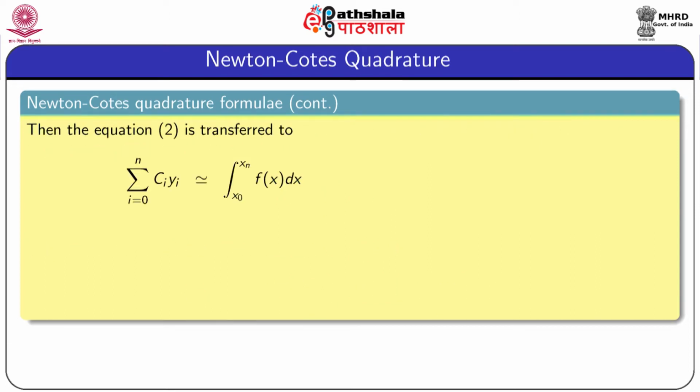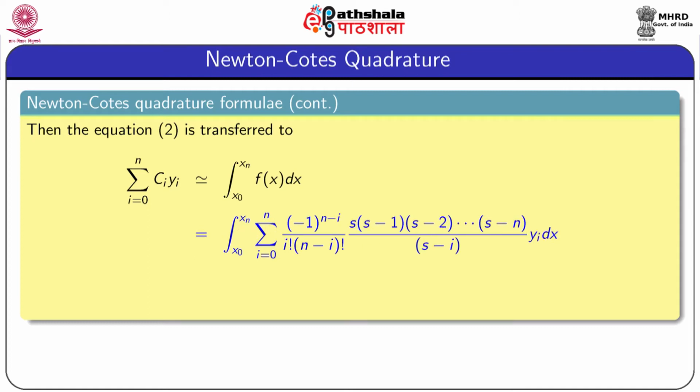Then equation 2 is transformed to the summation for i equal to 0 to n of ci yi, which is approximately equal to the integral from x0 to xn of f(x) dx. And now the given function f(x) is replaced by the Lagrangian polynomial, denoted by the summation for i equal to 0 to n of the corresponding polynomial.